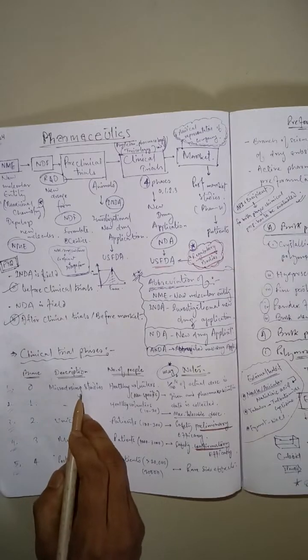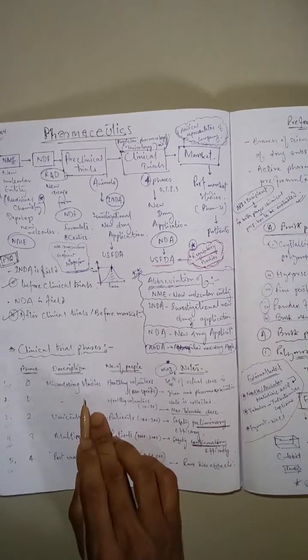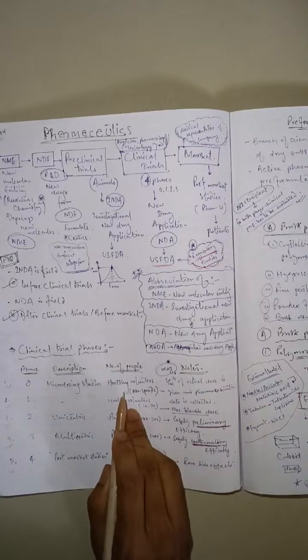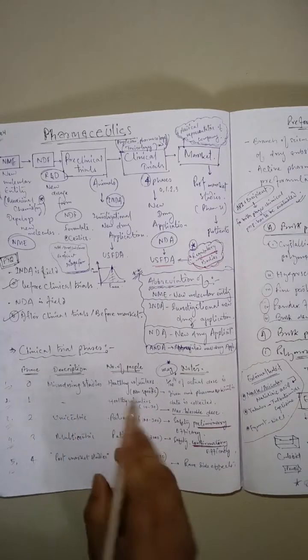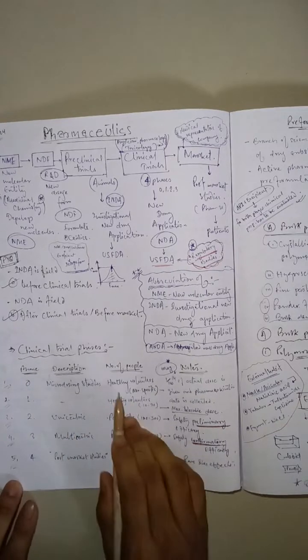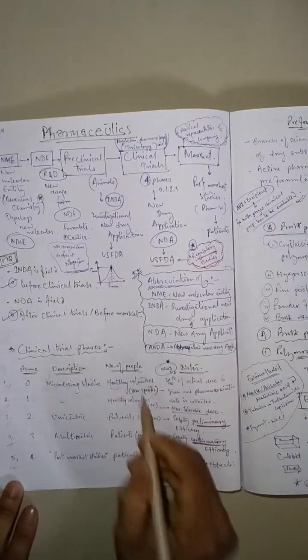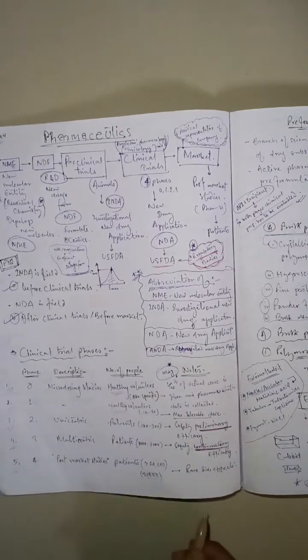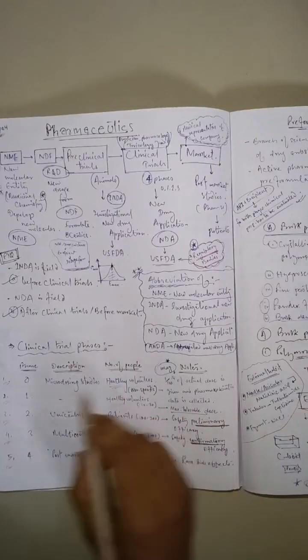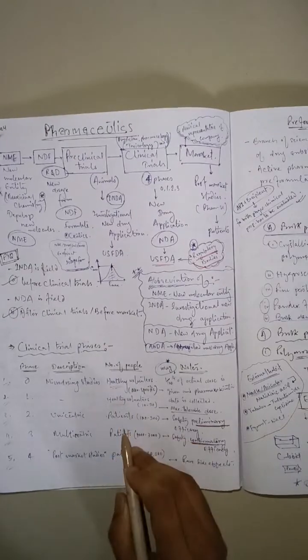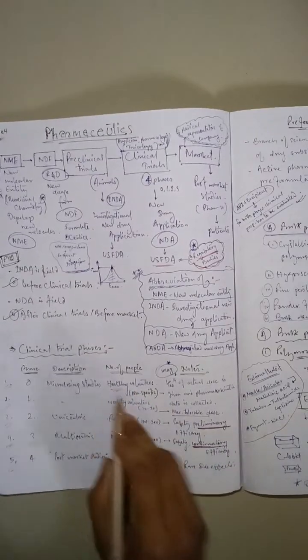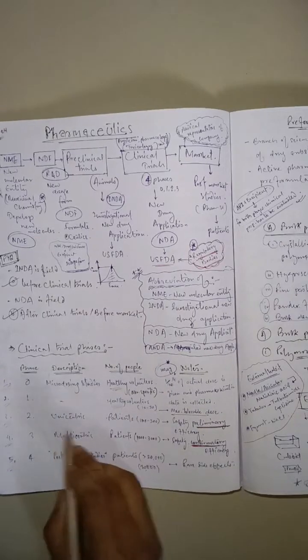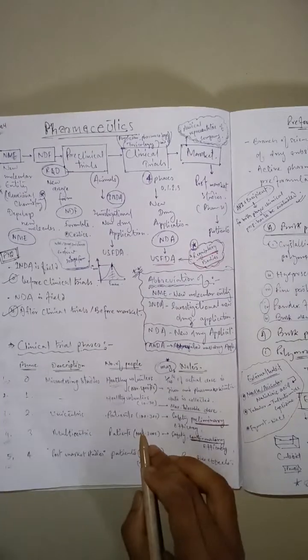microdosing studies. Microdosing studies are mainly done on healthy volunteers. It is most important to understand, as it was previously asked, whether microdosing studies are done on healthy volunteers or patients. Microdosing studies are done on healthy volunteers, whereas unicentric, multicentric, and post-market studies are done on patients.